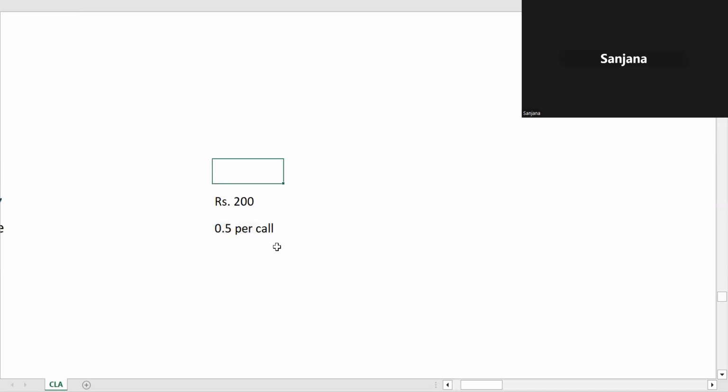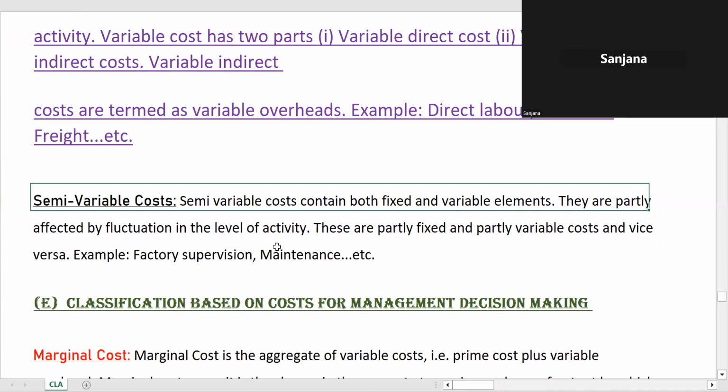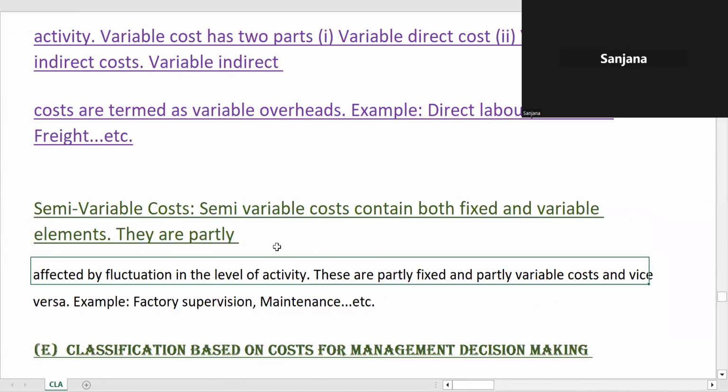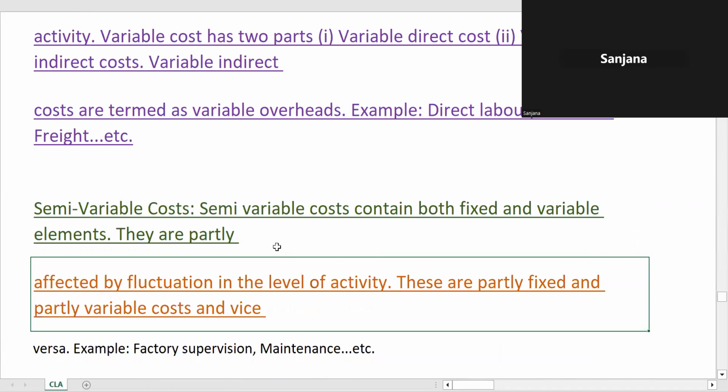The best way to find it out is you will never have a straight relation. In semi-variable expenses, it will increase and go in one direction, but not proportionately. They contain both fixed and variable expenses, partly affected by fluctuation in the level of activity.